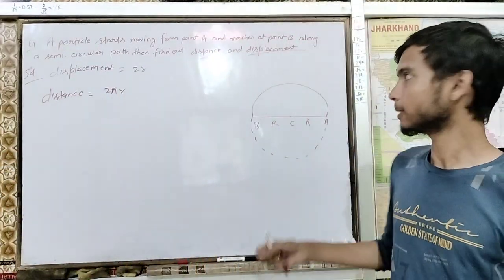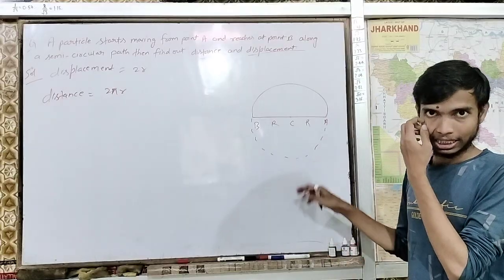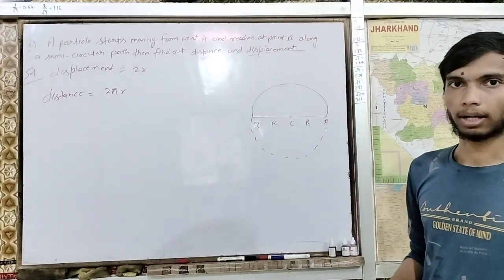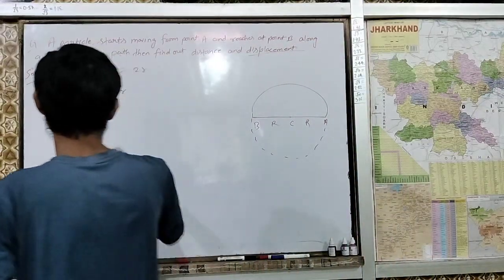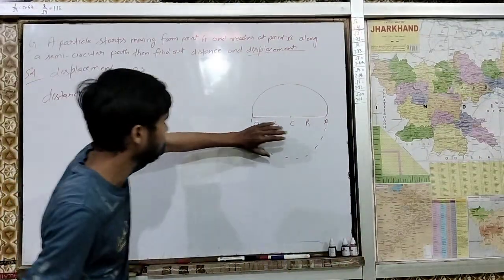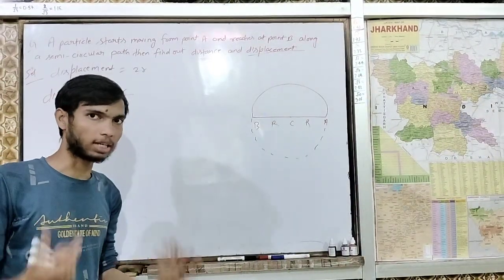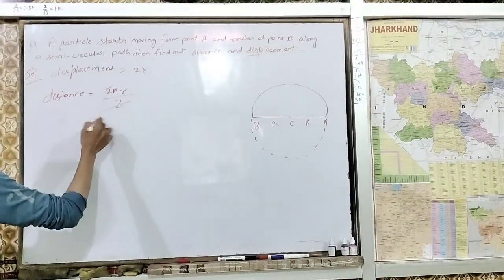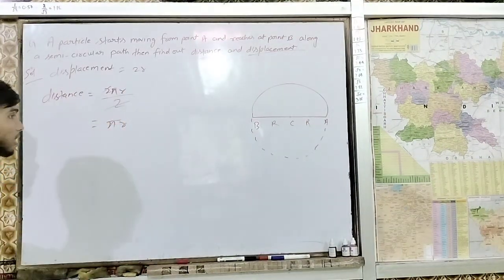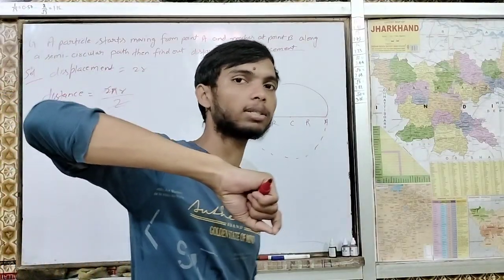But it is not giving you the complete circle; instead it is providing a semicircle. So we will divide, because we are getting one part of the circle. After simplifying this, you will get pi r. So here pi r is the distance.